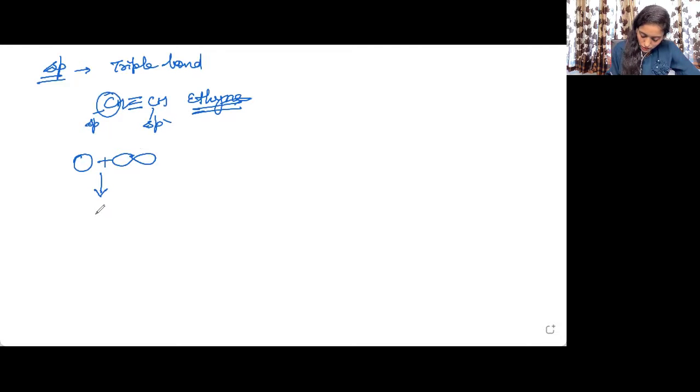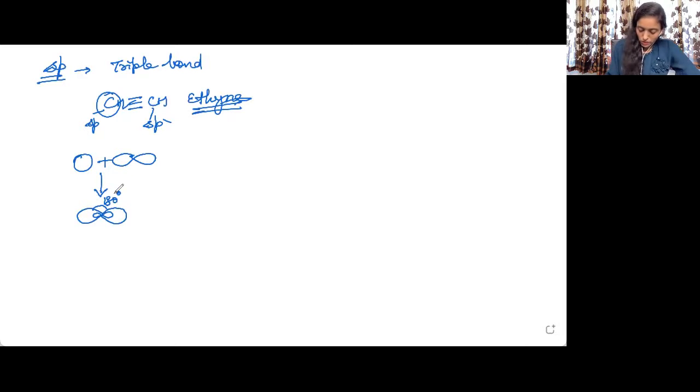Whenever there are two, they are having the arrangement in a straight line. So this is the orbital with the one bigger lobe and one smaller lobe. These two orbitals are having an angle of 180 degree with each other.